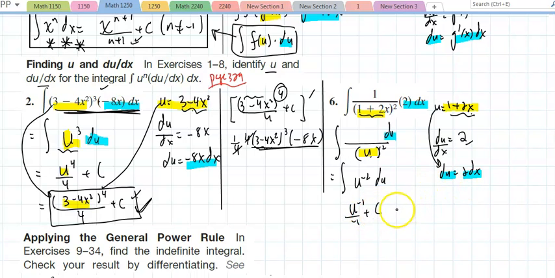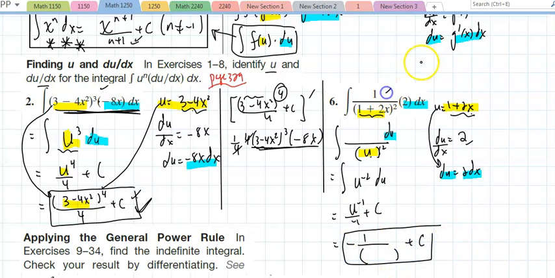And then don't forget that you're going to write this as negative 1 over u. And do remember that you started the problem with x. You have to really put u back in. And u was 1 plus 2x.